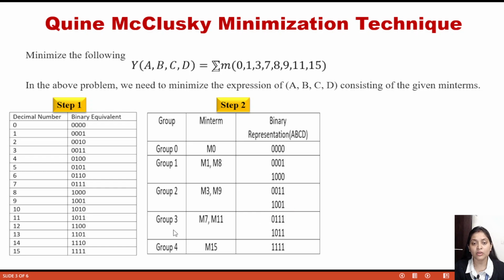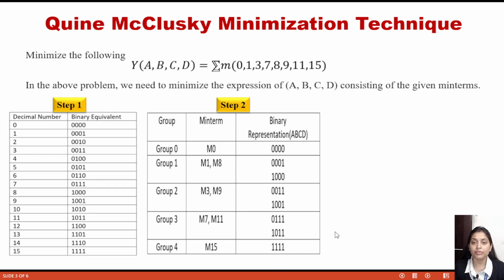Then group 3, where 3 ones are there: 7 is represented as 0 1 1 1, and 11 is represented as 1 0 1 1. Now group 4, where 4 ones are there. This is the representation of decimal number 15.